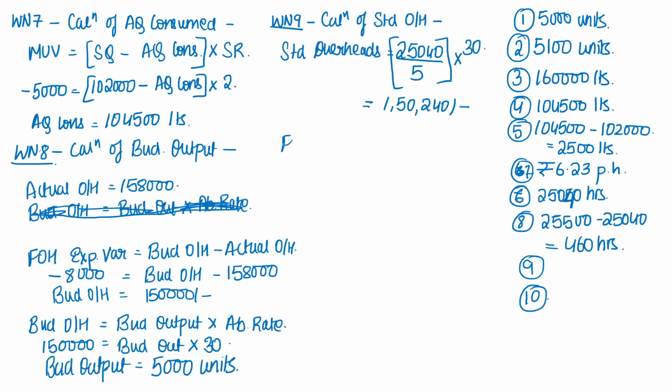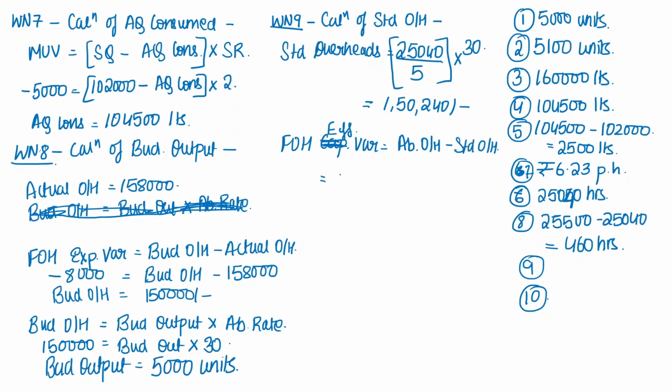Lastly, you need fixed overhead. कौन सा variance है? Capacity variance. For the time being, I am telling you the formula. Absorbed overheads minus capacity, right? Sorry, efficiency का ये. Fixed overhead efficiency. First is efficiency. Absorbed overheads minus standard overheads.